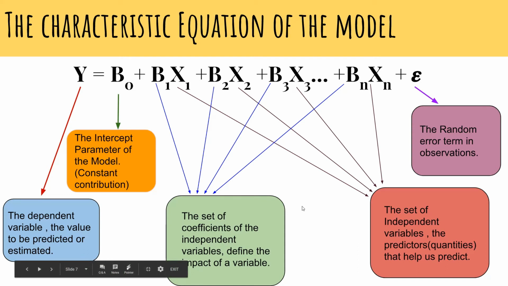Now, what do these coefficients signify? The coefficients are actually the impact parameters, the values that define the impact of a particular variable on the whole model. For example, if the value of b1 is, let's assume, 4, then on a unit change of x there will be a variation of 4 units in the value of y, if everything else is kept constant, obviously.